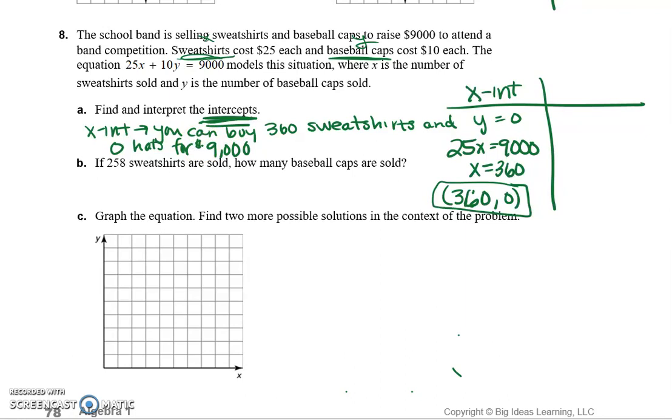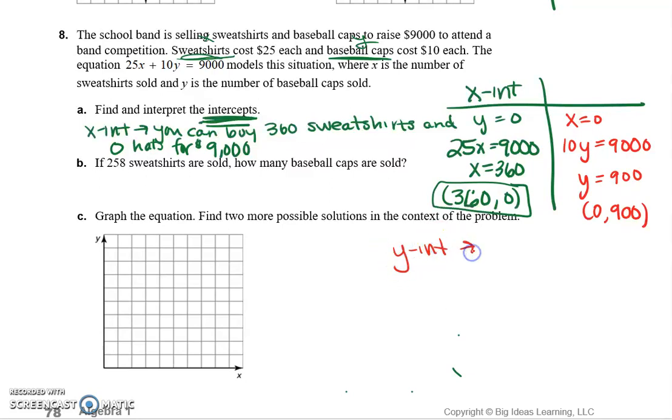Now I also need to interpret and find the y-intercept. So I'm going to set x equal to 0, and I'm left with 10y equals 9,000. Divide both sides by 10, and 9,000 divided by 10 is 900. So this is the point 0, 900. I'm going to interpret my y-intercept down here since I'm out of room.